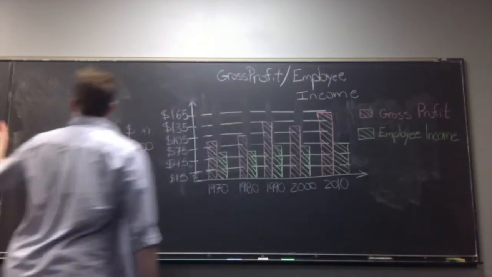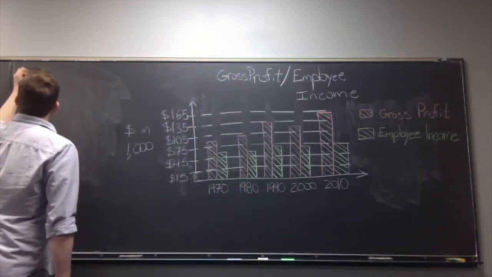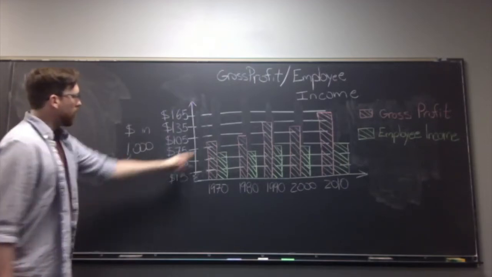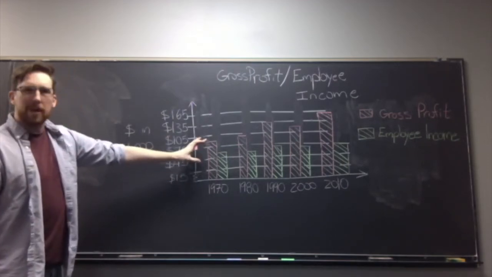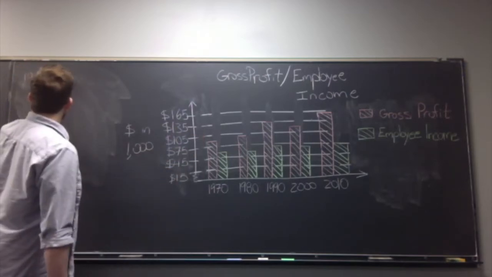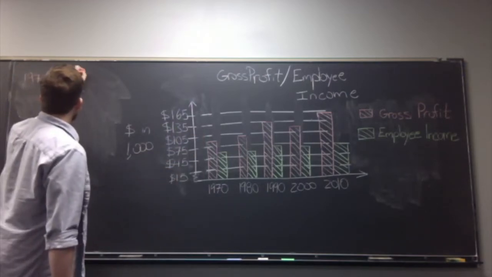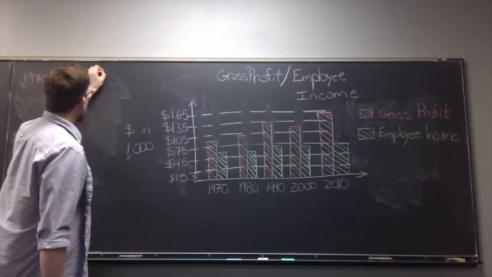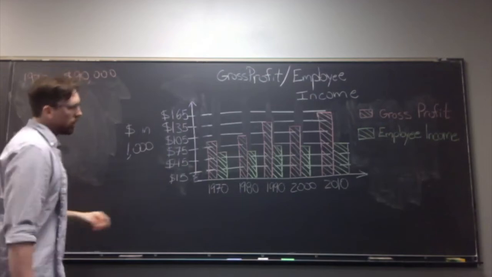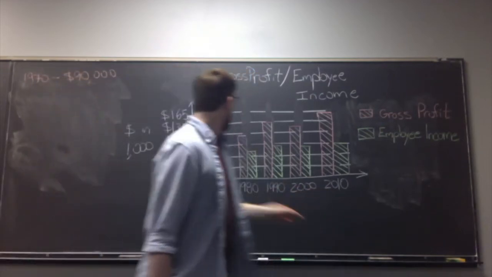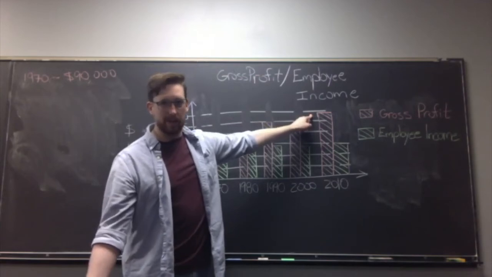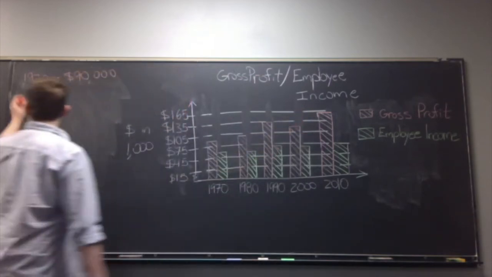So to start, in 1970, the business was making, it looks about $90,000. In 2010, it looks like it's making about $160,000 in gross profit.